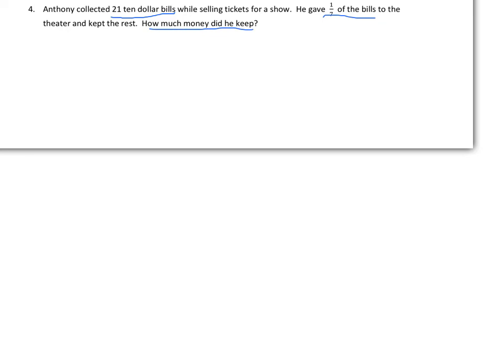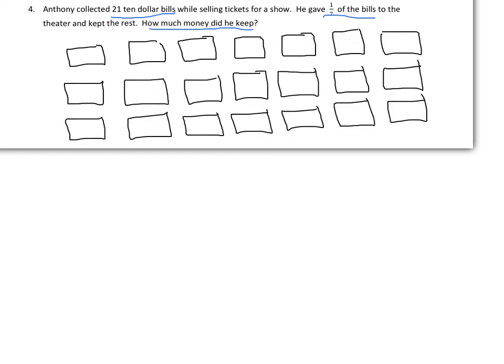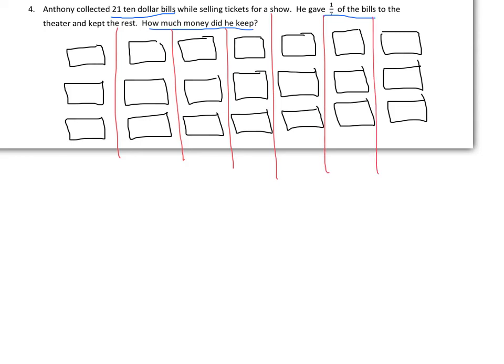Let's draw a picture. Right now I'm going to draw 21 boxes. We have 21 boxes drawn. Now let's split these into groups of 7ths. The lines drawn represent the breaking up of the groups into 7ths. As you can see here, one group of 7th has 3 of the bills in them.